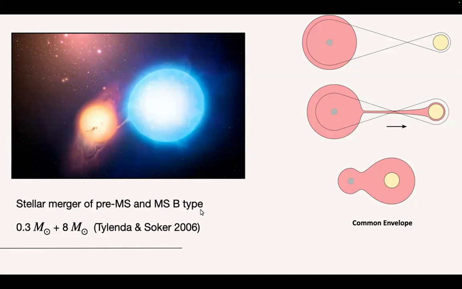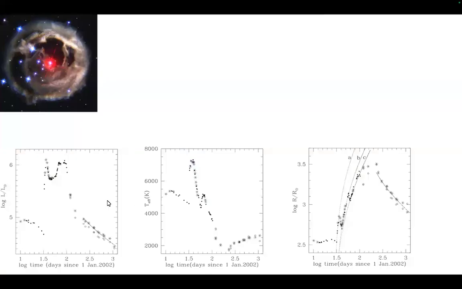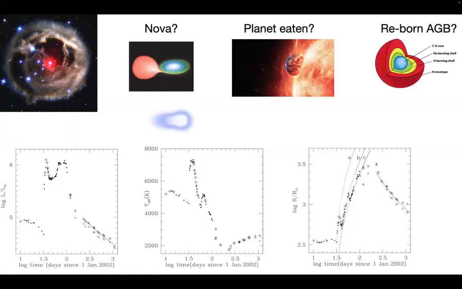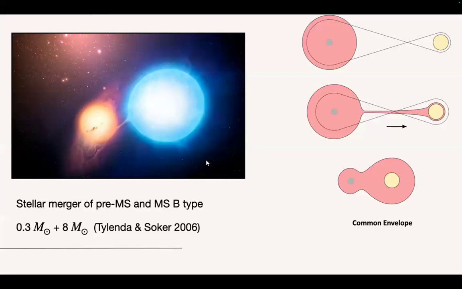So Tylenda and Soker basically showed in their 2006 paper that you could reproduce all of the observed properties, so the temperature evolution, the luminosity evolution, the size evolution, the speeds of the outflows of the ejecta, if you invoke this stellar merger hypothesis.